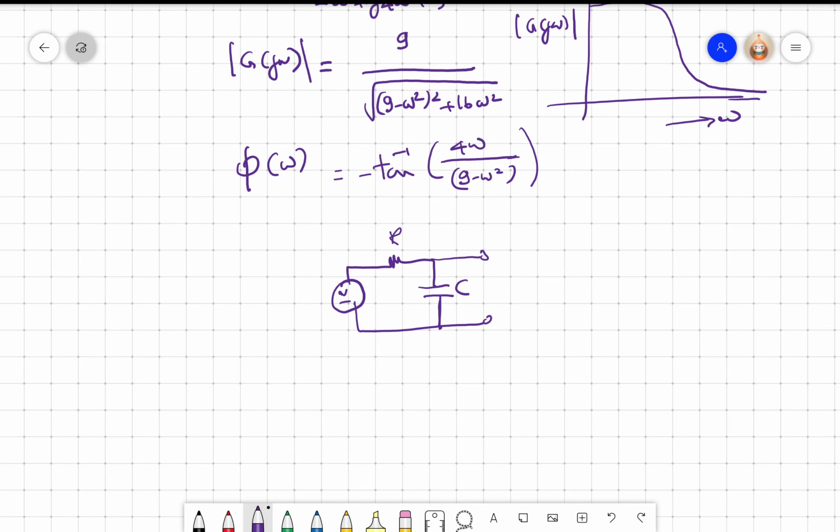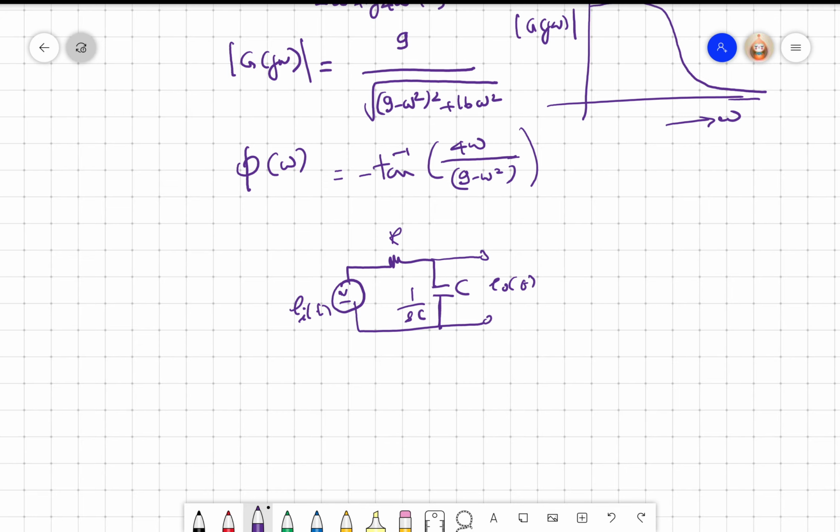If I have the input here, I call this as E I of t, and this is E naught of t. This we have already seen. The value of this would be 1 by sC, and this is simply R, right?